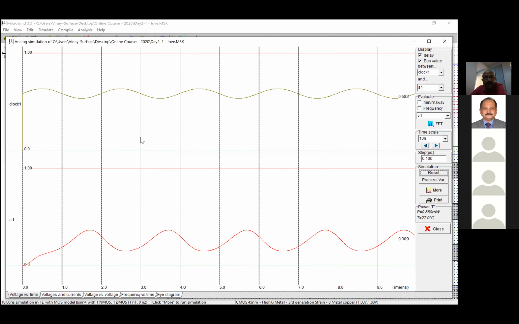Yeah, that's still good enough. So you can see that this is working as an amplifier. You give a small sinusoidal waveform and it produces a large varying sinusoidal waveform. So this inverter is working as an amplifier, simple as that. You can make use of this amplifier to do anything you like.